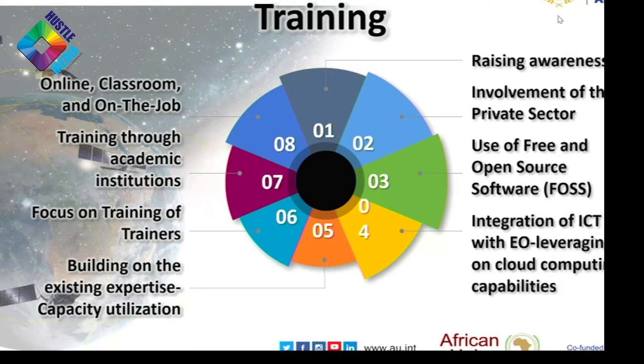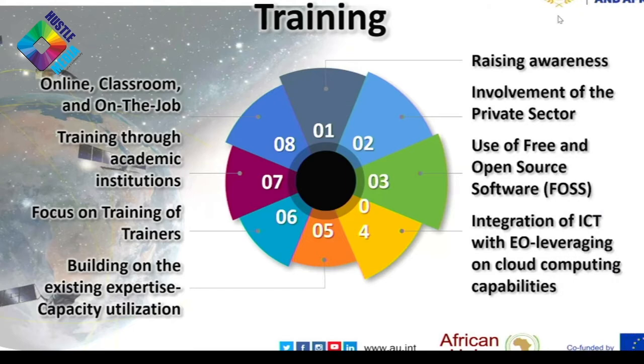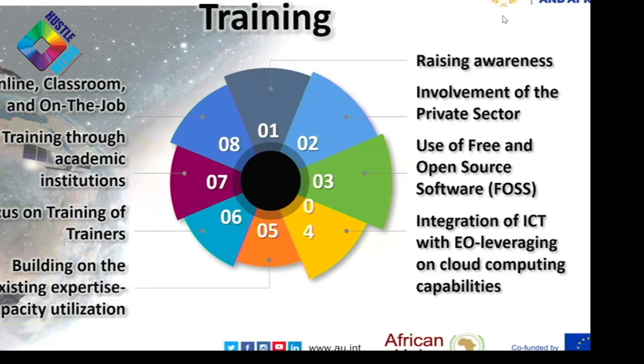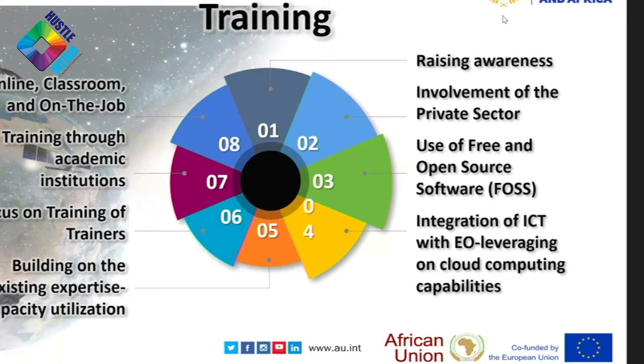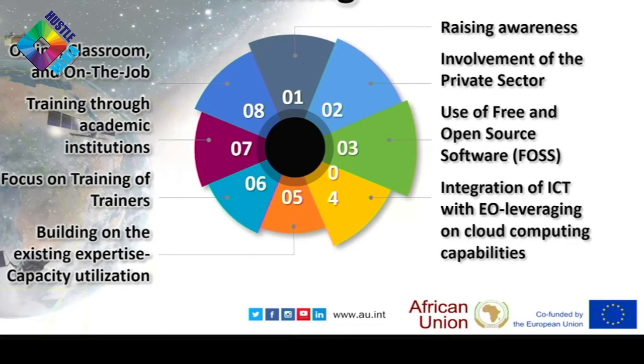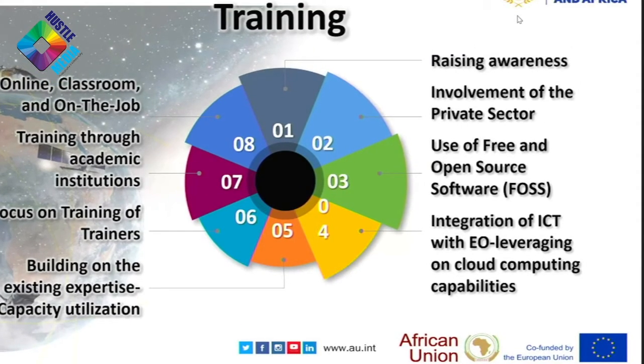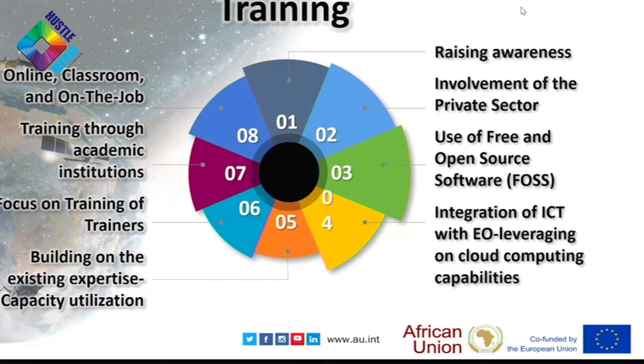It's Earth observation, it's satellite communication, navigation and positioning, and astronomy and space sciences. Under Earth observation, we have the implementation of GMS in Africa as one of the important projects that is helping us to gather the data and to gather a lot of information on how best we can come up with the continental Earth observation program.